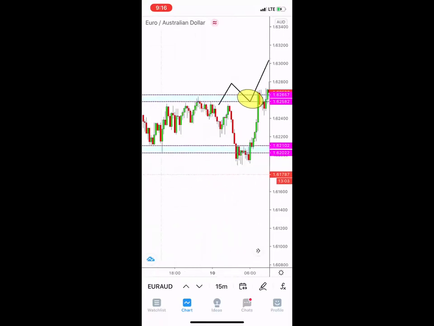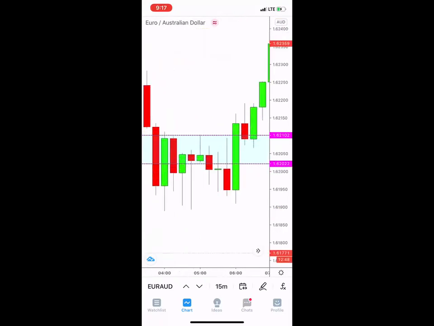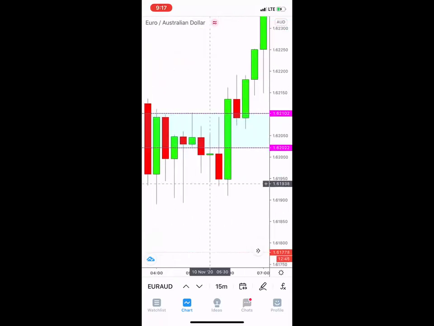So yeah, a lot of people might get confused and say, look, it broke, closed below, went back into the zone, this green candle, and then the red, that little tiny doji candle right there, and then this red bearish candle right here. This could have been your confirmation for a sell position based off of the break and retest strategy.